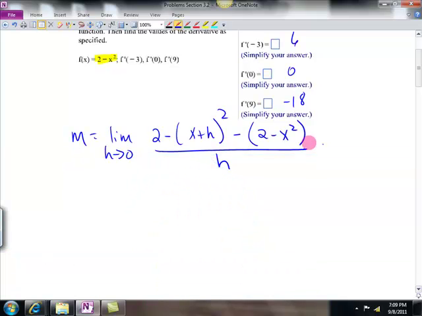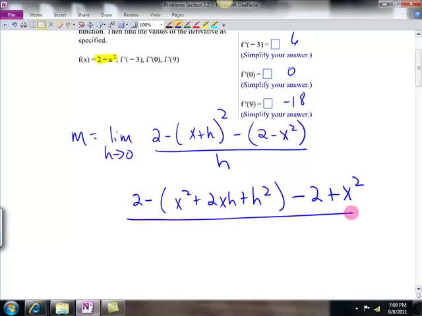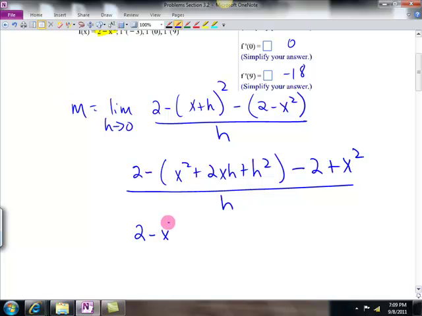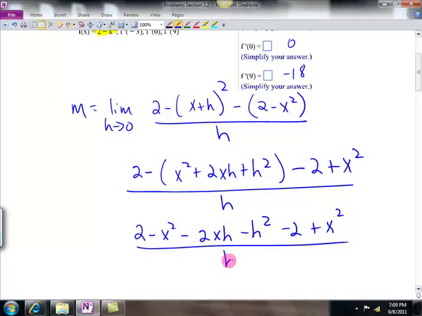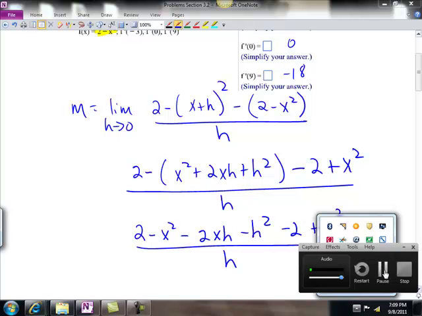Well, for right now, we got to clean this up a little bit. So we have 2 minus x squared plus 2xh plus h squared minus 2 plus x squared. And then we're going to change all these signs in here. All right.